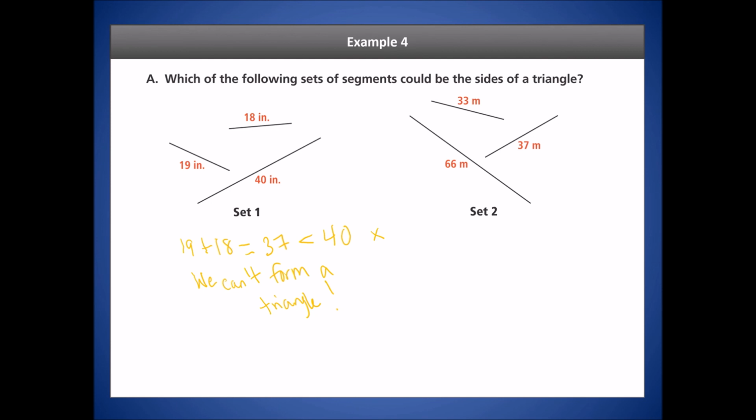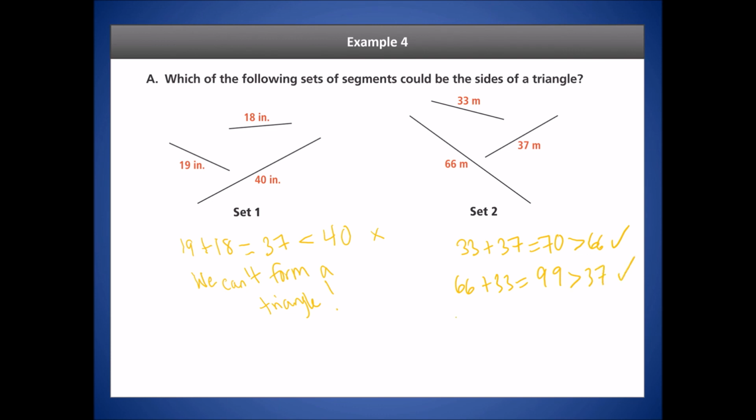Now, if you look at set 2, if we add 33 plus 37, that's going to give us 70 meters in this case, which is greater than 66, so that checks out. If we were to add 66 plus 33, that's going to be 99, which is greater than 37, so that checks out.